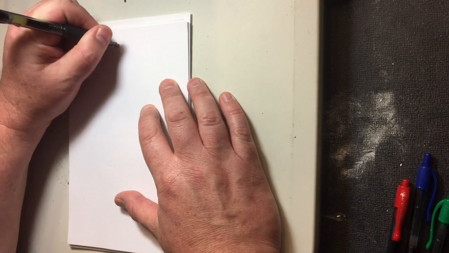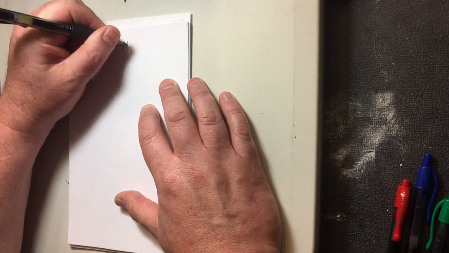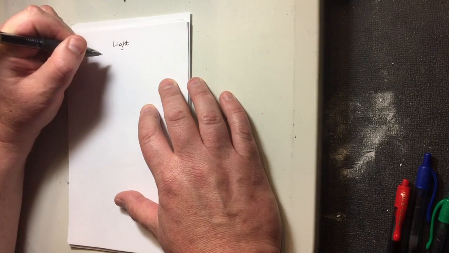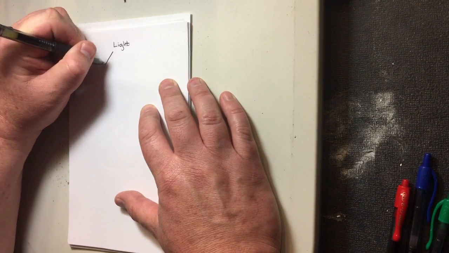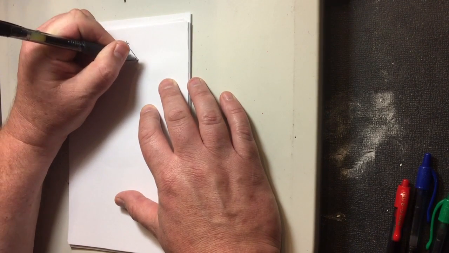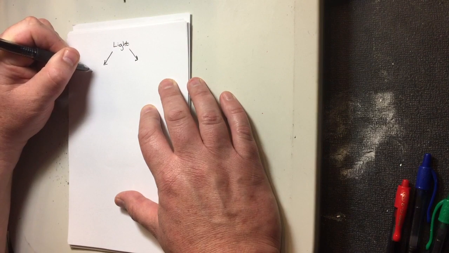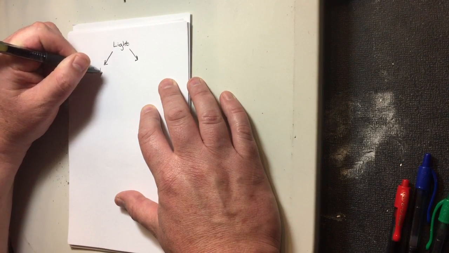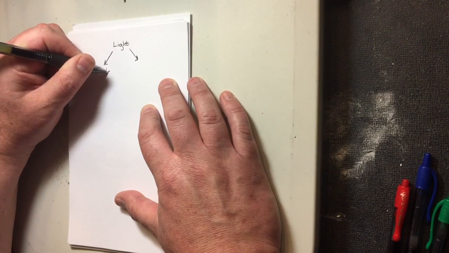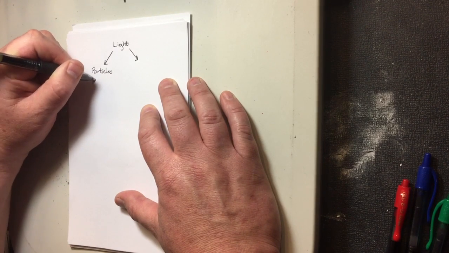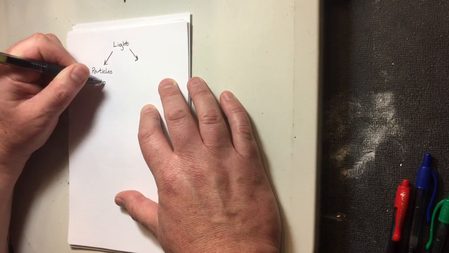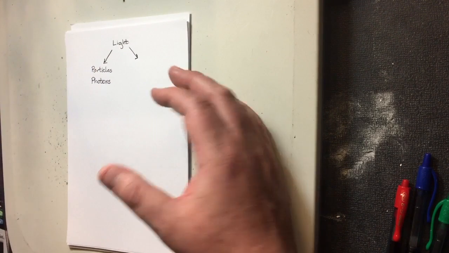So there's a particular chapter that we're just going to briefly touch on. Light is weird. Light has the idea of particles, and what they're called are photons. Photons are just little itty bitty bits of light.